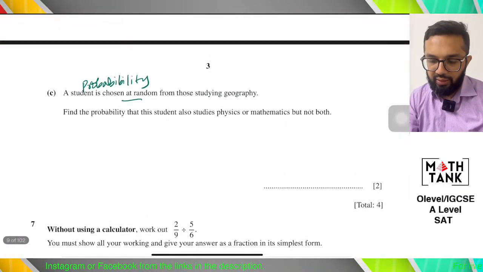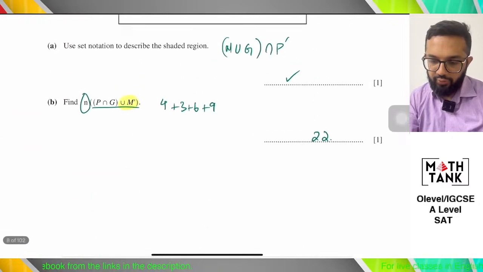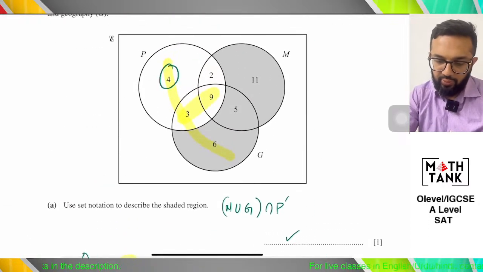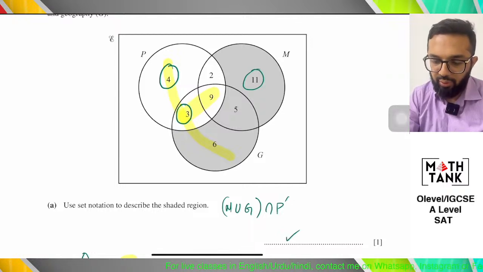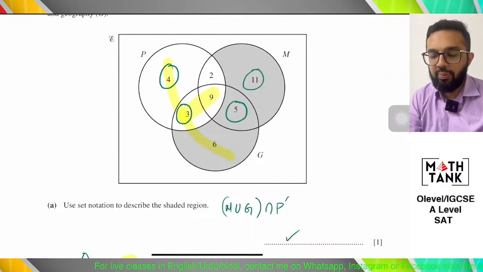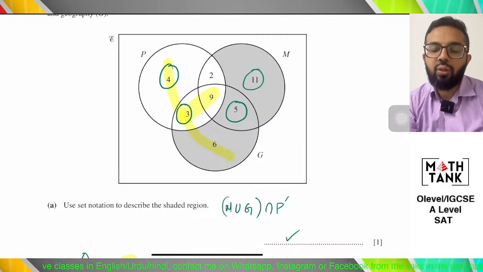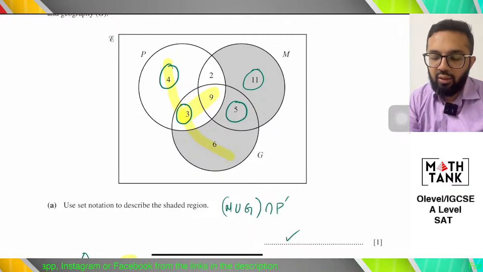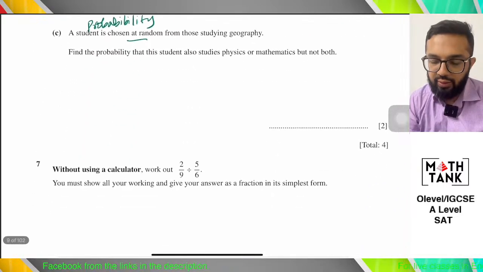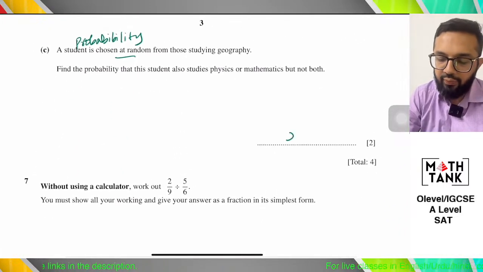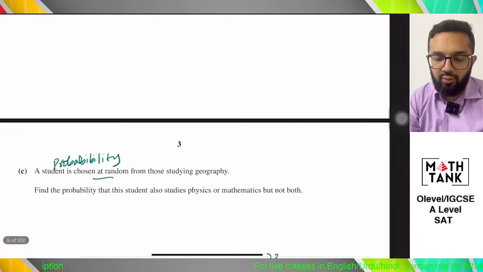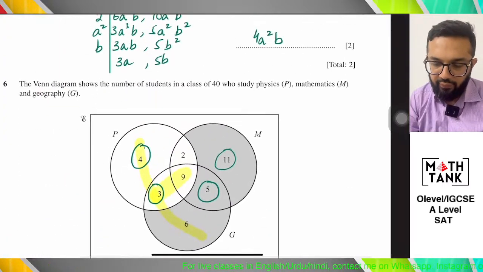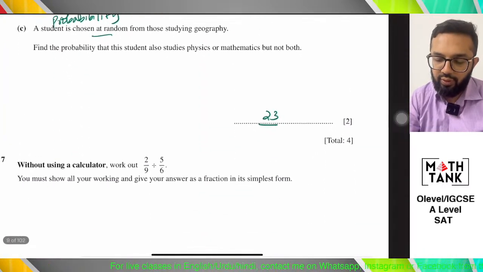All of these people study either physics or mathematics, but not both. That's 16 and 7, so 23 out of, what is the total? The question specifies 40. So 23 out of 40.